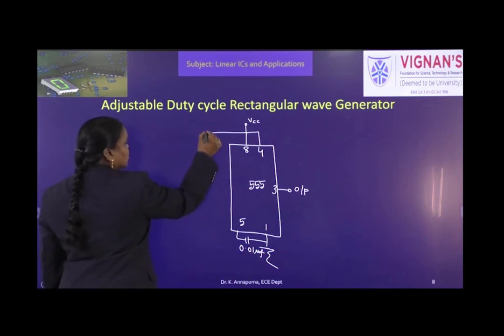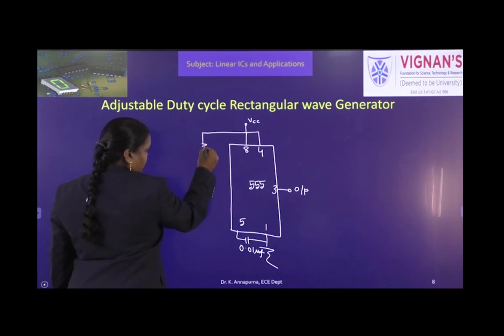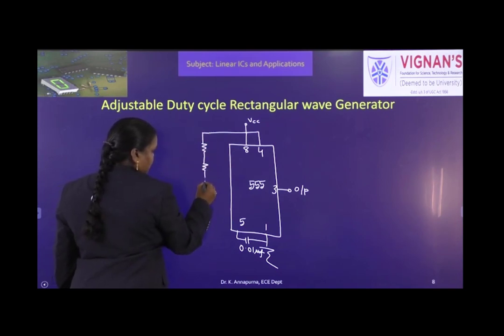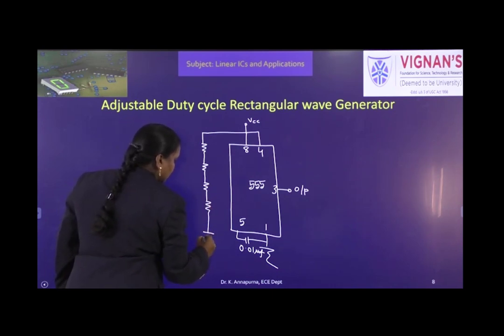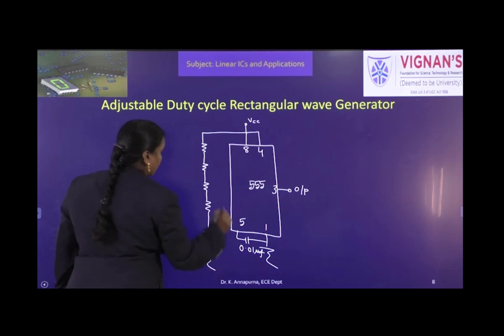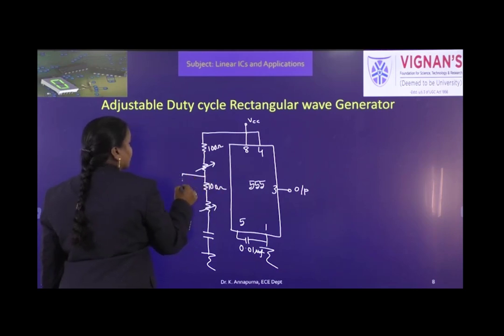Here, instead of a single resistor, I am drawing it along with parts. So this is a potentiometer, this is a potentiometer, this is 100 ohms, this is also 100 ohms, and here I have connected a diode.